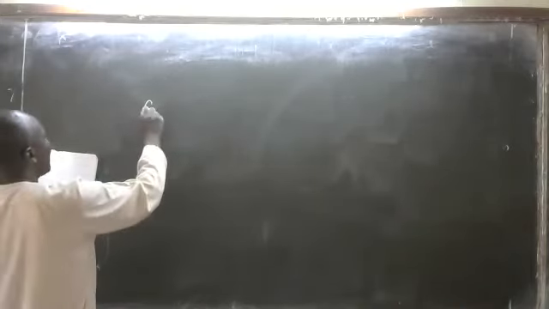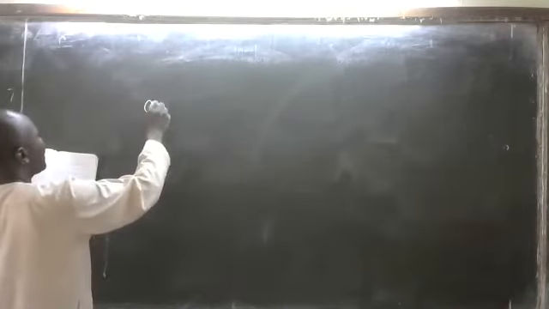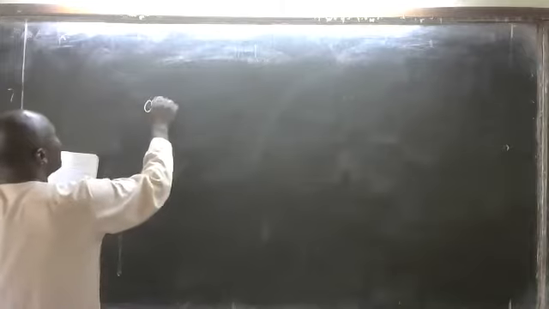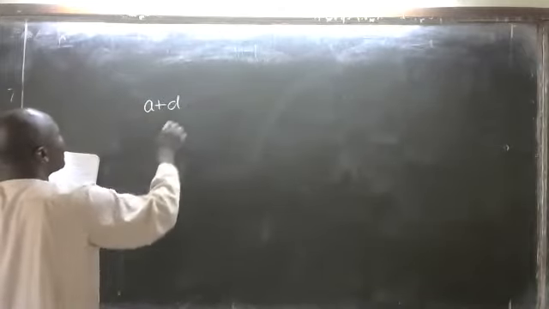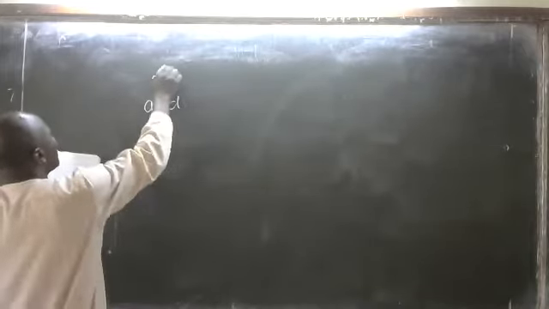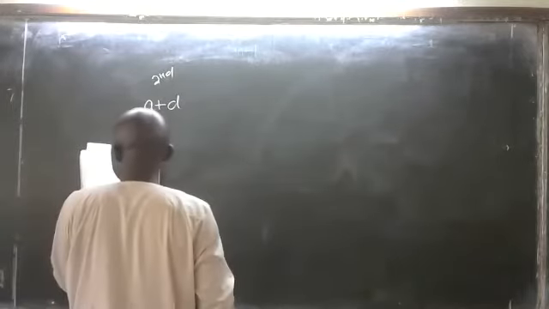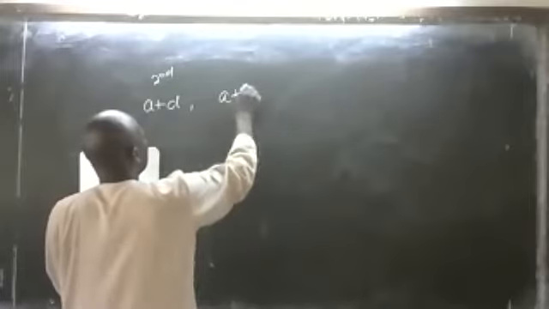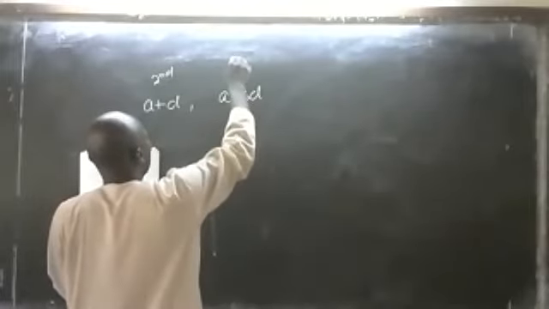Okay, they are telling us that the second, the fourth, and the eighth. The second is A plus B. And then the fourth is A plus 3B of AP.